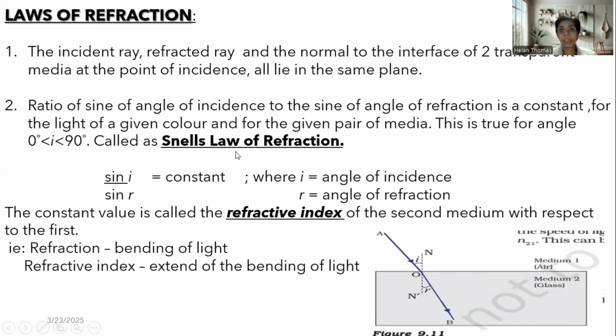How do we relate? We relate the refractive index of the second medium with respect to the first medium. With respect to the first medium only, we'll be discussing how far it has bent. So in refraction, in simple terms, we defined it as the bending of the light ray. Likewise, refractive index is the extent of the bending of the light ray.